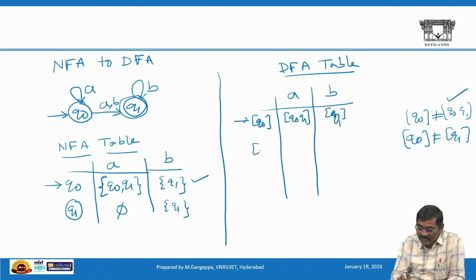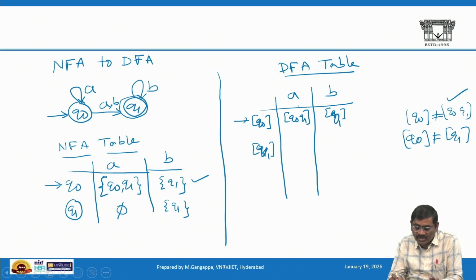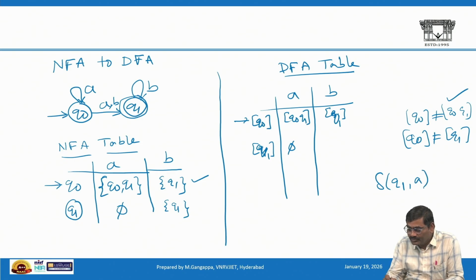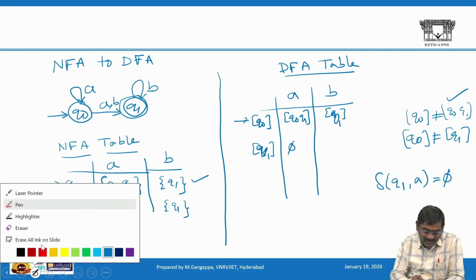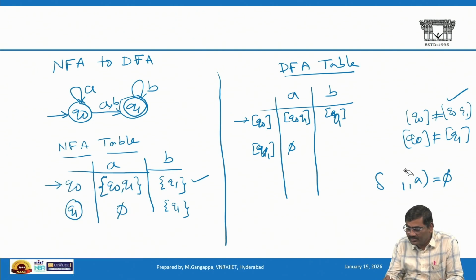Let us go one by one. Here I am taking Q1 as the next current state. From the diagram, Q1 on a, there is no transition, so the value is phi.